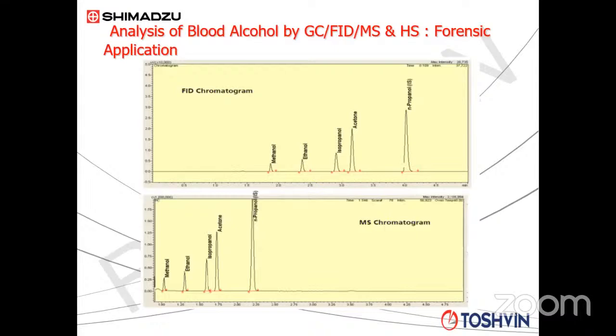One part will go to MS, one part will go to FID. So in a single injection, you can get an FID response, and you can also get an MS response. This is a GC-MS FID along with headspace sampler, blood alcohol, and this is a typical forensic science application.